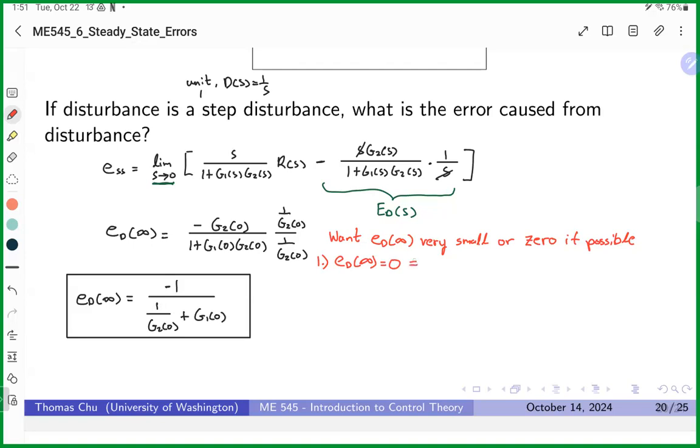So either G1 of 0 is infinity, but that's not possible, because it implies that the DC gain of G1 is infinity. It's not physically possible. Or G2 of 0 is equal to 0, because we're doing 1 divided by 0 here, which is infinity. And this is possible.